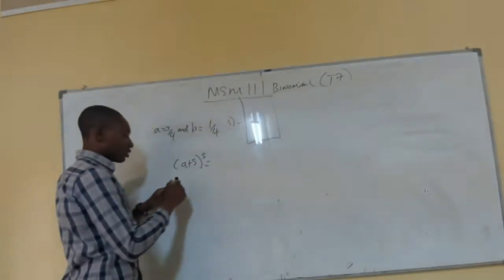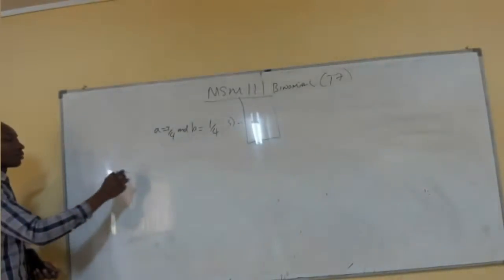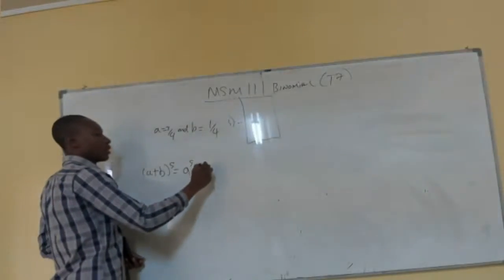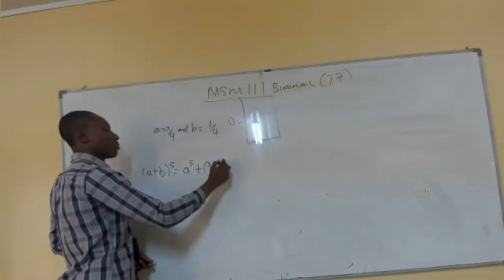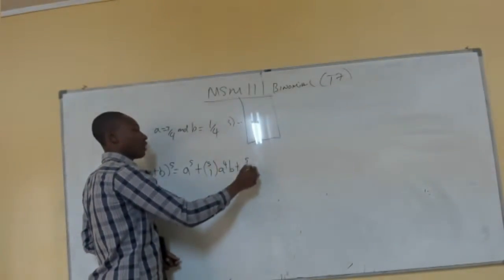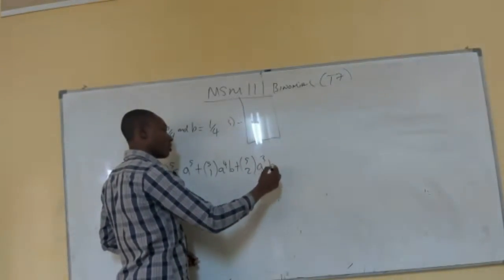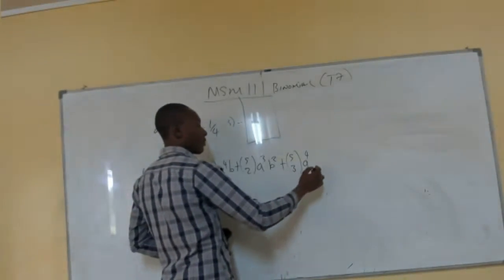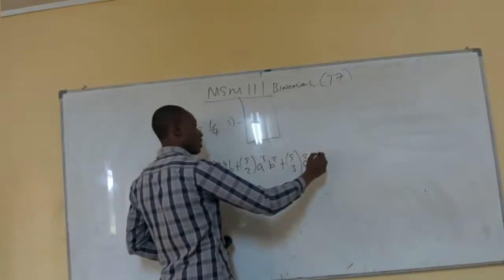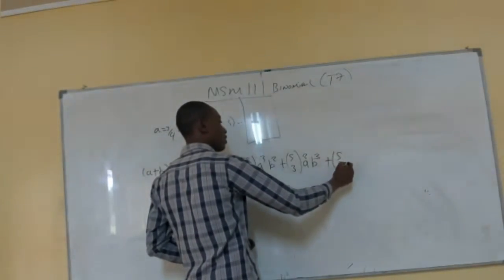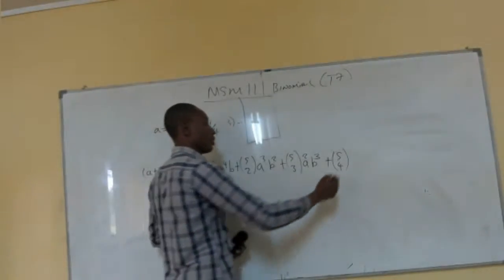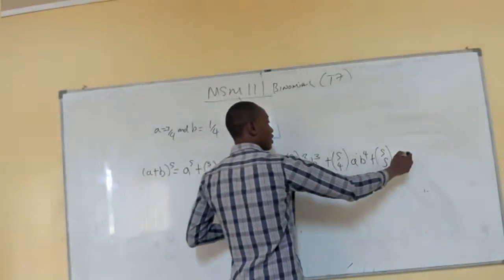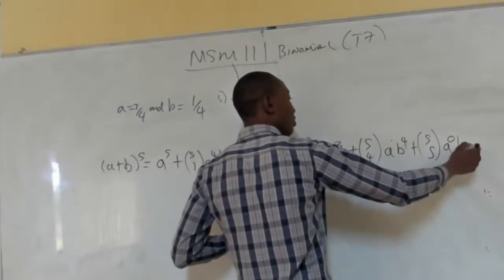So we have a plus b to the power 5 is equal to a to the power 5 plus 5 choose 1, a to the power 4, b, plus 5 choose 2, a to the power 3, b squared, plus 5 choose 3, a squared, b to the power 3, plus 5 choose 4, a to the power 1, b to the power 4, plus 5 choose 5, a to the power 0, b to the power 5.